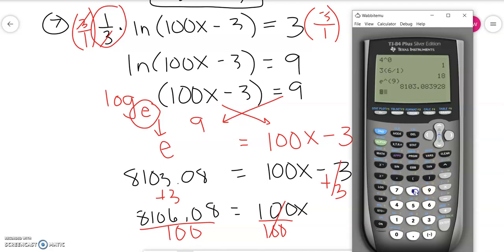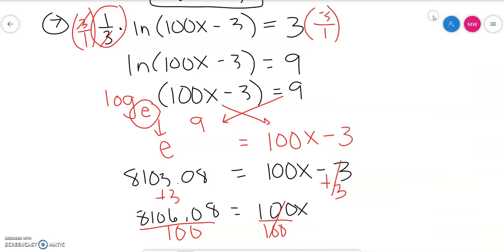So that's going to be 8106.08 divided by 100. Gives us 81.06 because we want 2 decimal places there. So 81.06. X equals 81.06.